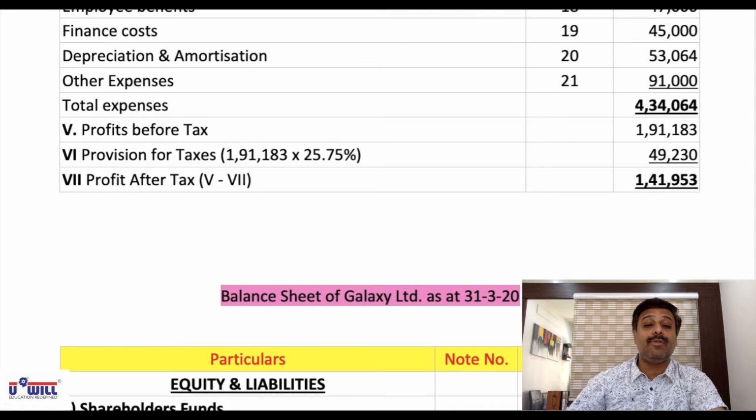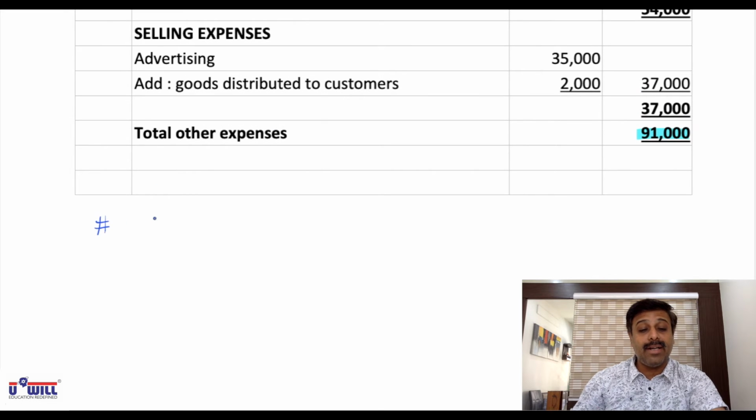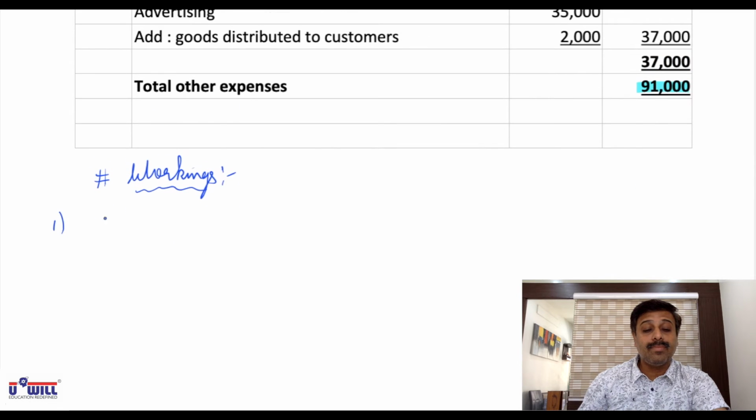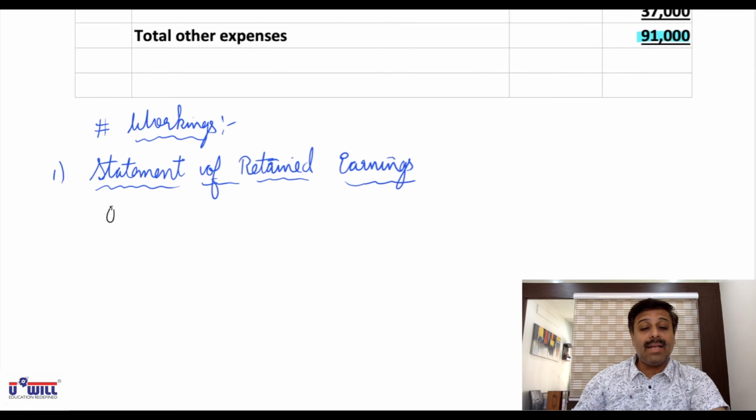Now we will make the statement of retained earnings, working note 1. In that, first we will have the opening balance of the profit and loss account.